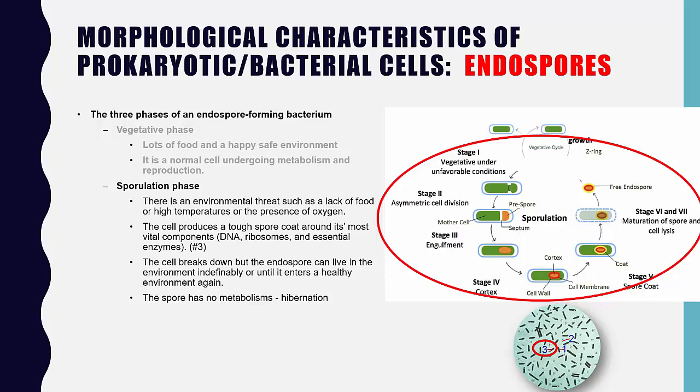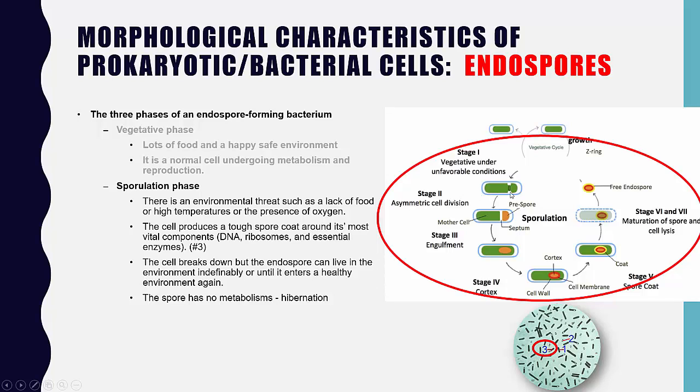But let's say we made them miserable, or they ran out of food, or there's some kind of threat, maybe a high temperature, lack of oxygen, or presence of oxygen in some cases. Then it'll form a very tough spore coat around its most vital components. Now, what would that be for a cell?